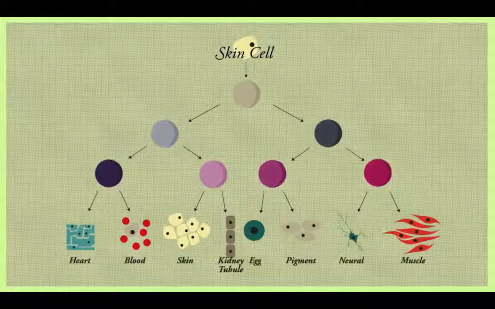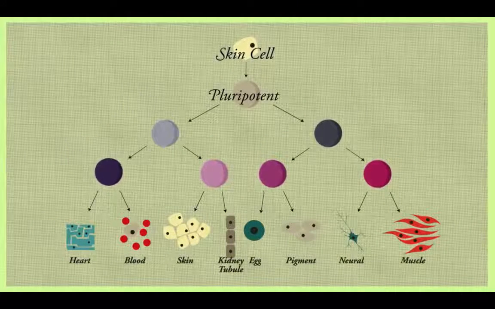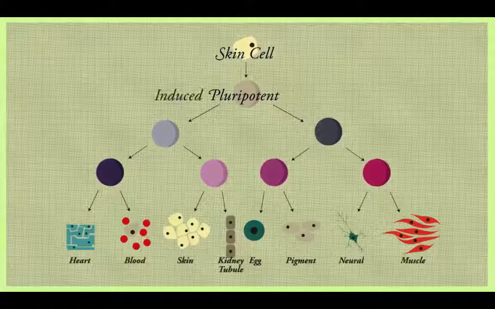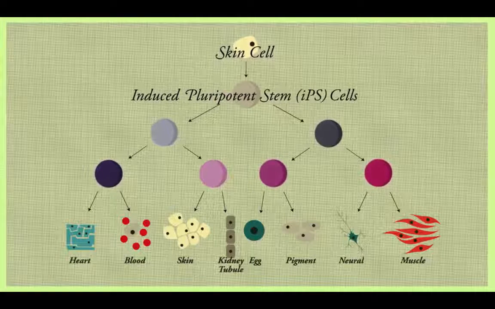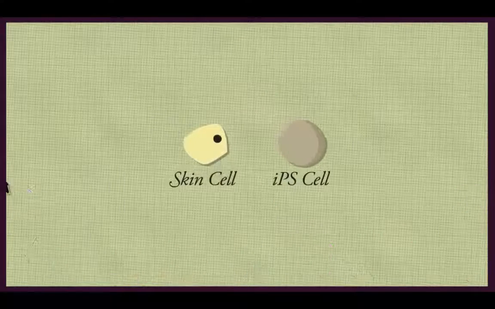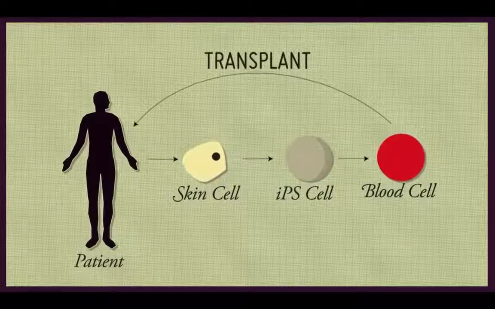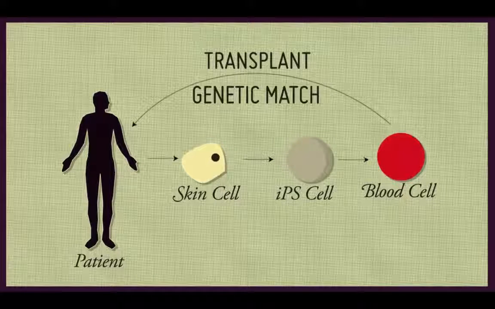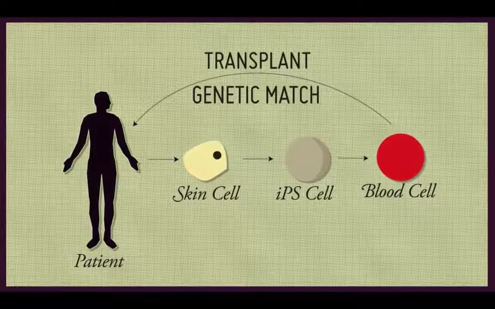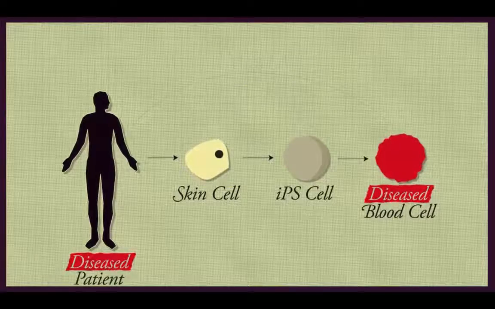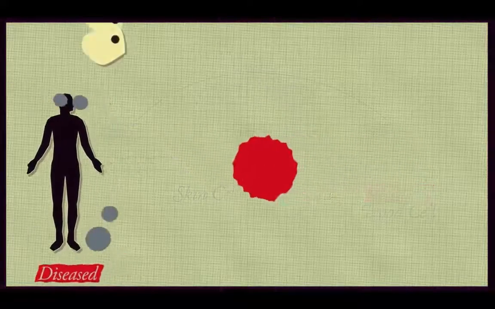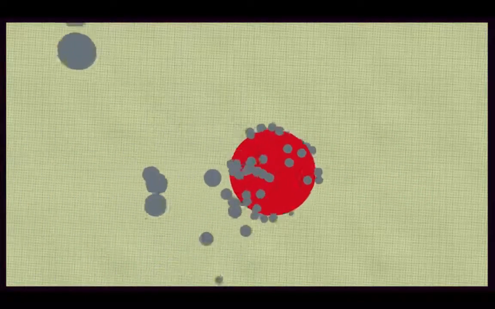This newfound ability is known as pluripotency, and therefore these cells are known as induced pluripotent stem cells, or IPS. The creation of IPS cells from individual patients may one day allow us to develop replacement tissues that are a perfect genetic match to the patient. In addition, the creation of IPS cells from patients with specific diseases will allow scientists to develop new drugs to treat a wide variety of disorders.